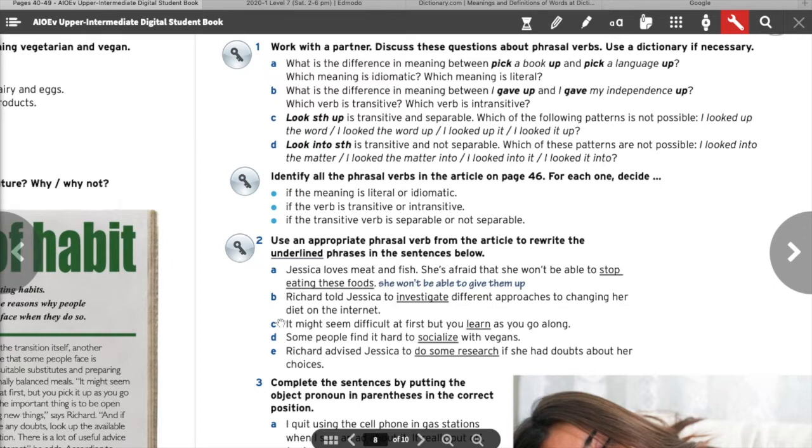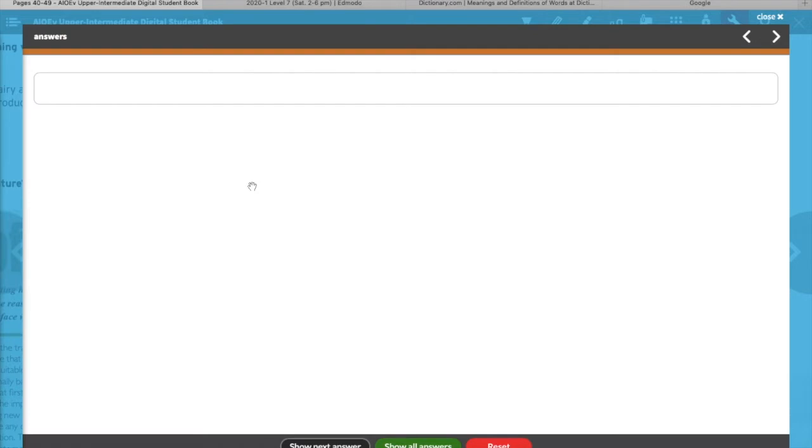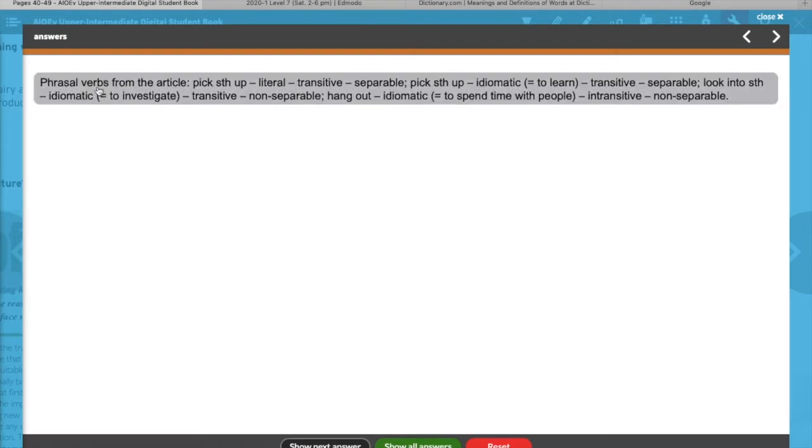Okay, let's check the answers. So the phrasal verbs from the article are pick something up. This one is literal, it's transitive, and separable.